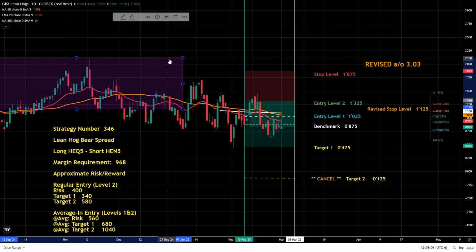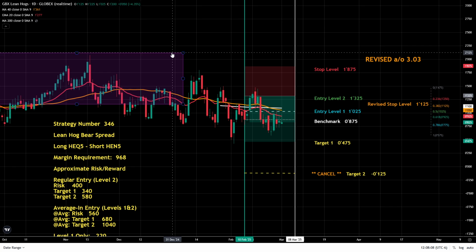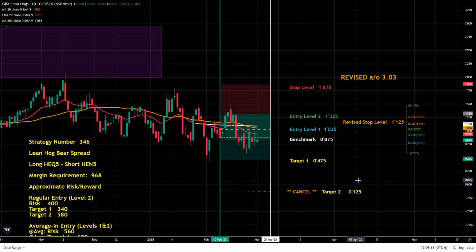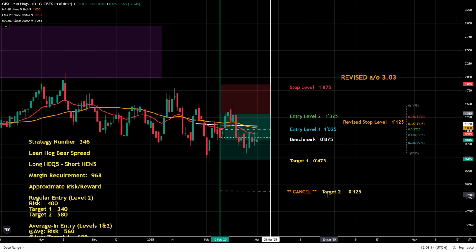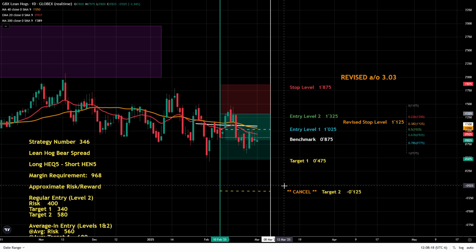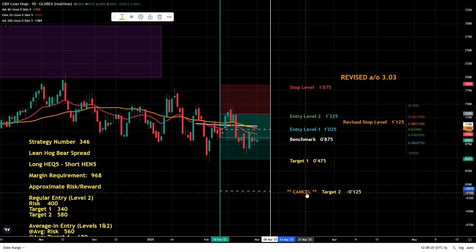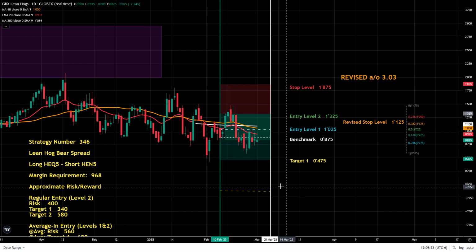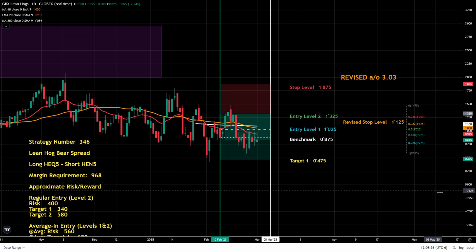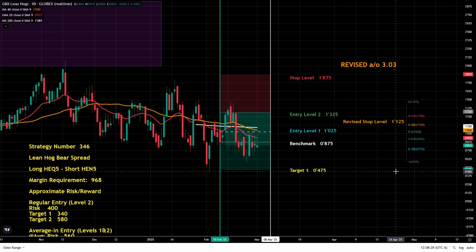Now it's waiting to see what it's going to do. We need a little more weakness, but just in case, I have walked this forward, and I'm going to cancel this second target down here. Okay, target 2, the original target 2. I'm going to cancel that one. It does not seem feasible, so this one's going away. Target 1 will still be at 47, so that one is staying.